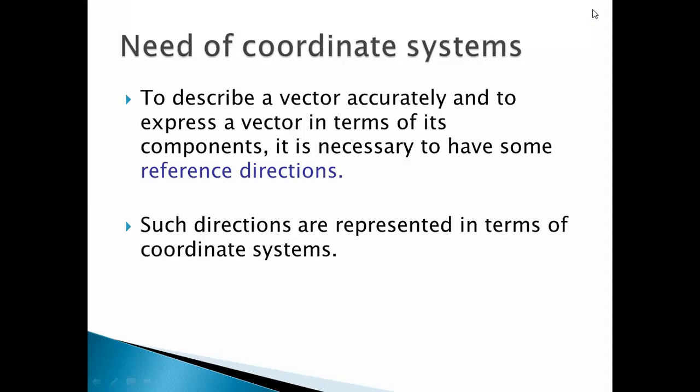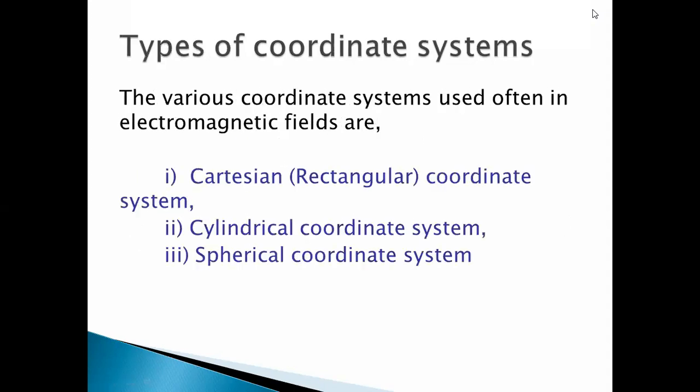Now there are different types of coordinate systems. The three coordinate systems are here. First is the Cartesian coordinate system, also called the rectangular coordinate system, because in the Cartesian coordinate system we can take a rectangle as a reference. Then second is the cylindrical coordinate system.